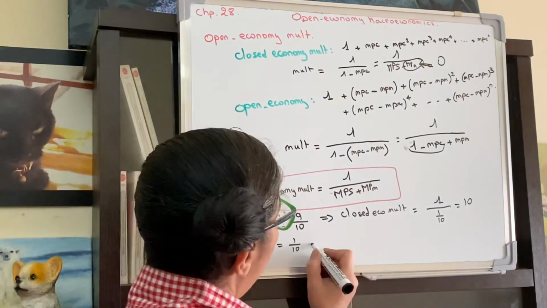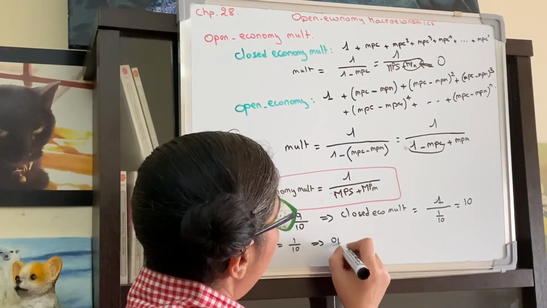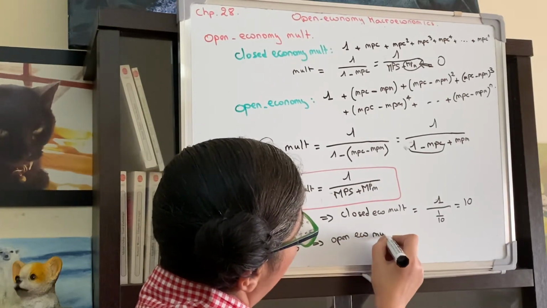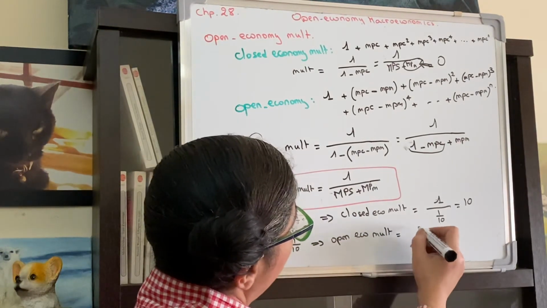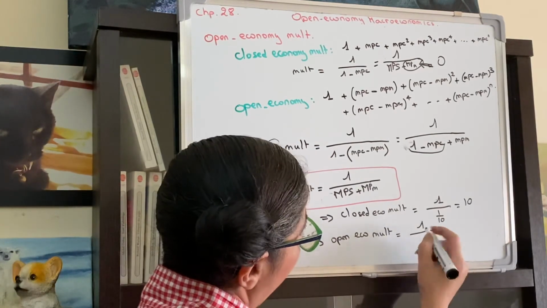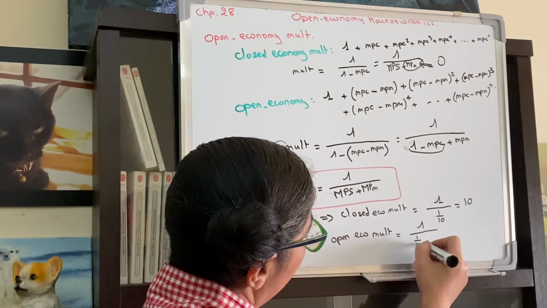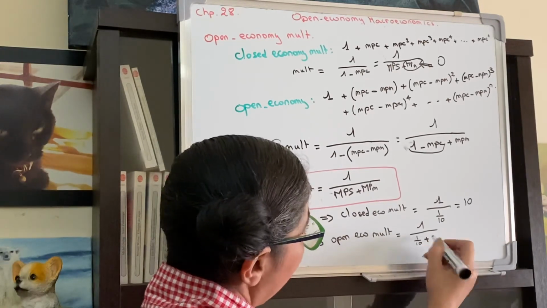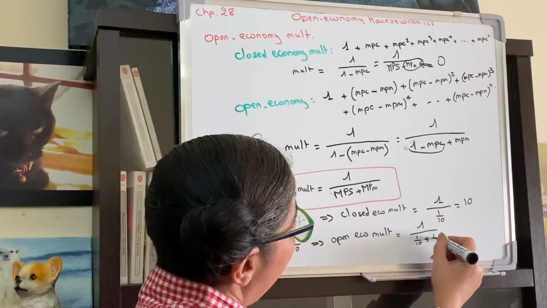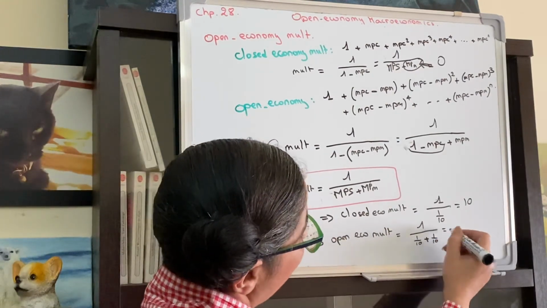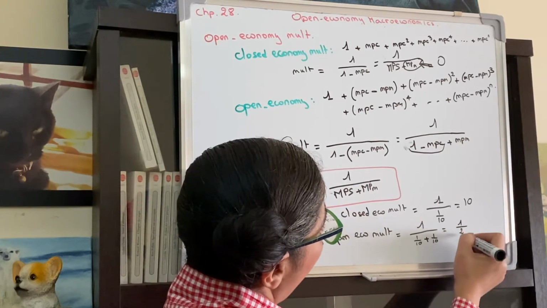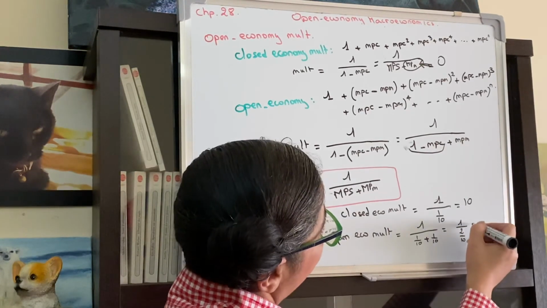Let's see. So open economy multiplier would be, so 1 over MPS, which is 1 over 10, plus MPM, which is 1 over 10, which is going to give me 1 over 2 over 10.